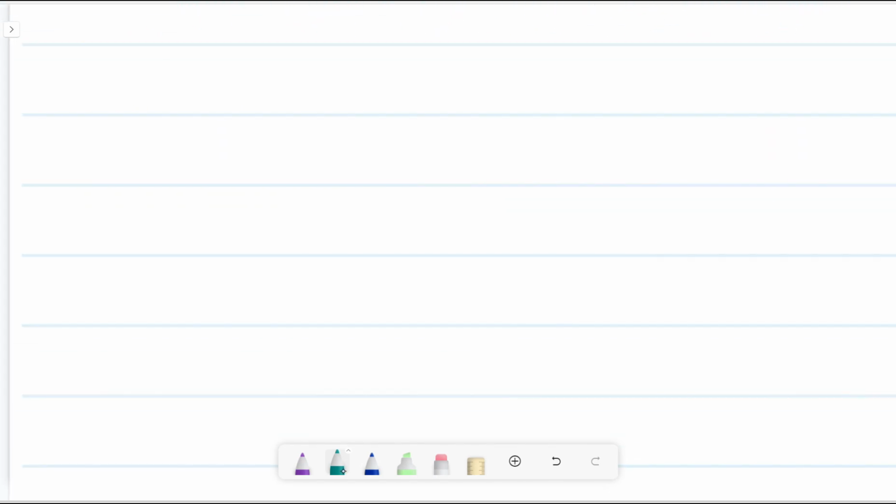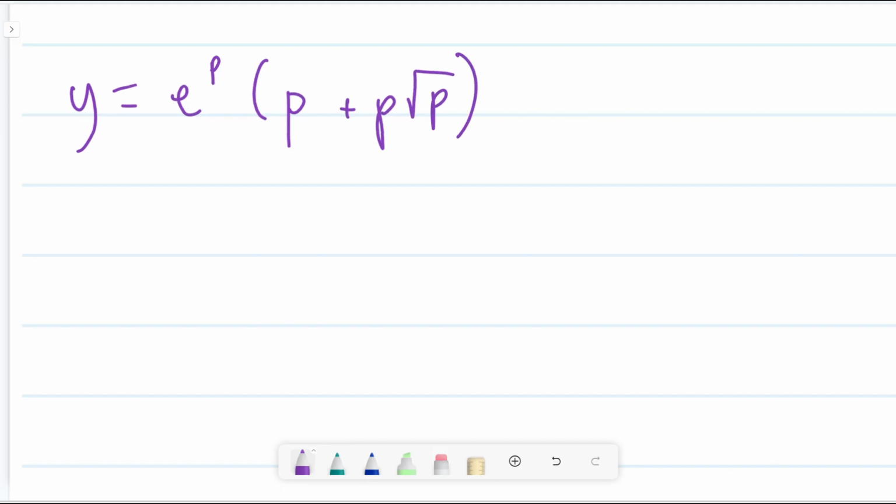And let's look at another example. So let's say y equals e to the power of p times (p plus p square root of p). So let's find y prime. Again, these are a first term and a second term being multiplied.